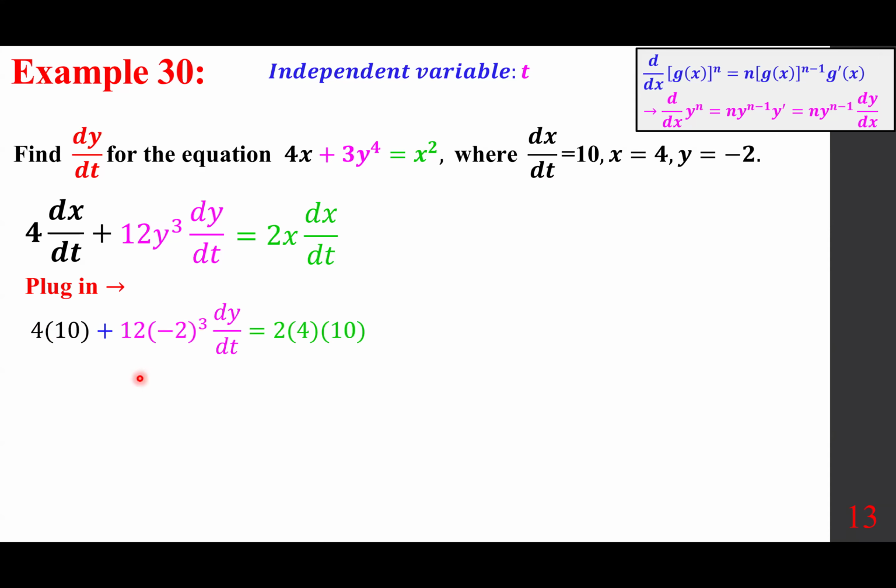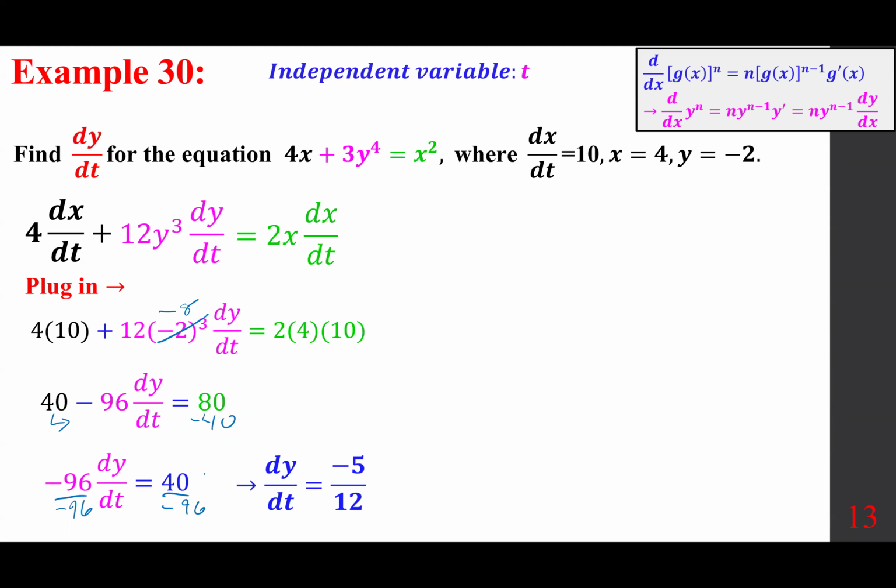This is 80. Minus 8 times 12 is minus 96. We are going to subtract the 40. So we get 40 on the right. We're going to divide by negative 96. And we get negative 5 over 12. Negative 5 over 12 is the final answer.